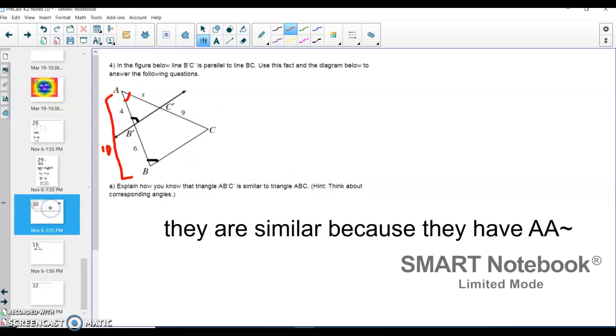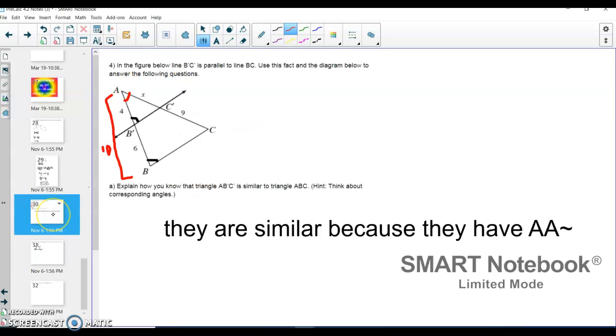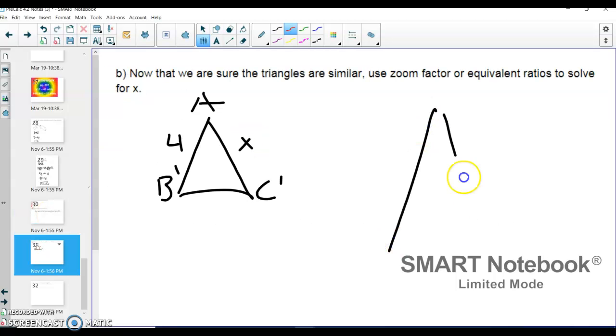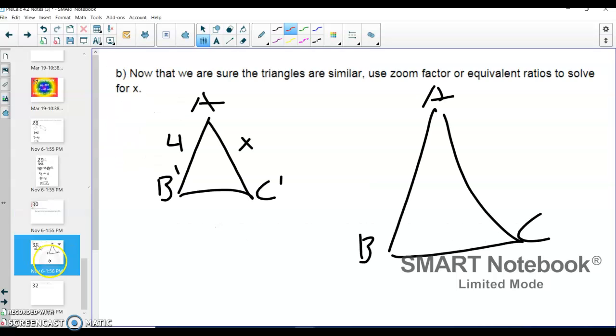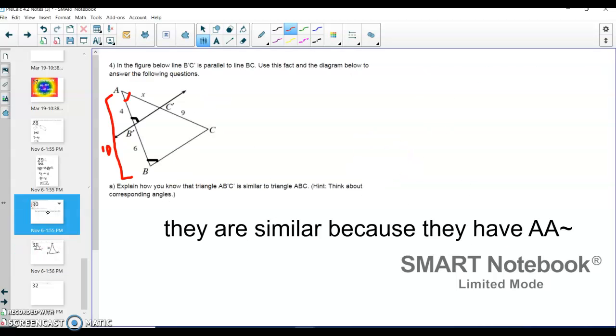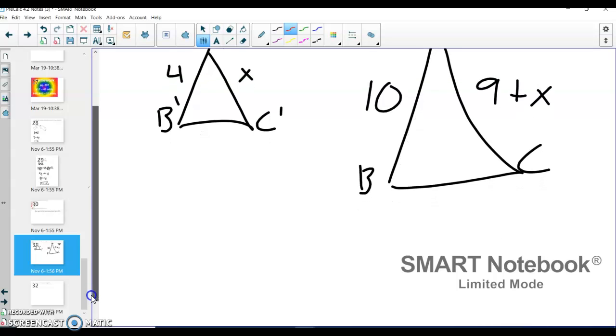And we know that the small triangle has 4 and x. And then we have a bigger triangle, ABC, that had, well, 4 and 6 combined, that gives me a length of 10. x and 9 combined gives me a length of 9 plus x, and it becomes a problem like we just solved in 2b.